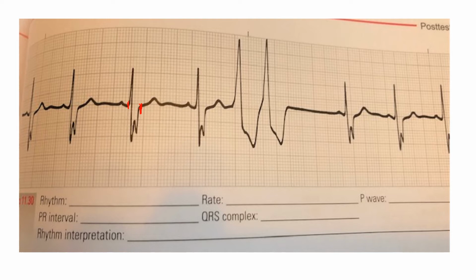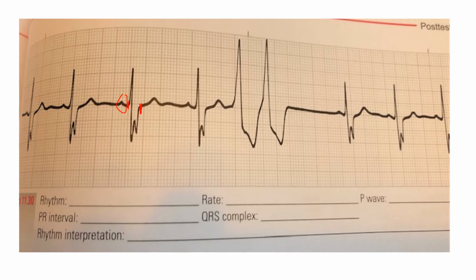So this interpretation is that it is coming from the SA node because you have P waves, so it's sinus beats, but because you have a wide QRS, you probably have a bundle branch block. You don't have to determine whether it's left or right bundle; that would require a 12 lead EKG. But the definition of a bundle branch block is that you have a wide QRS.